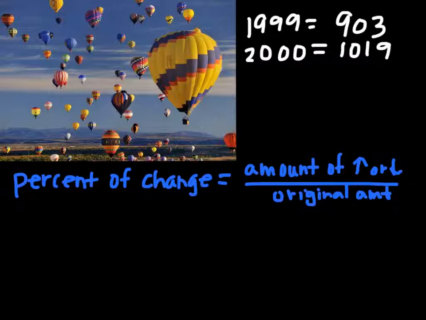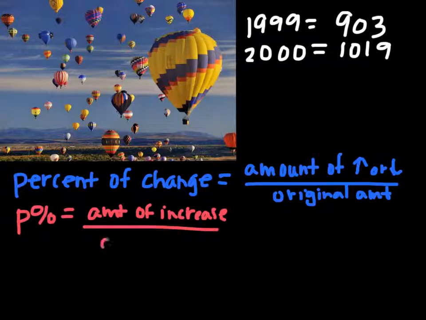Using that formula, let's solve our problem for the International Balloon Fiesta. We want to know the percent of increase in the number of balloons from 1999 to 2000. So we write our formula, P% equals the amount of increase over the original amount.